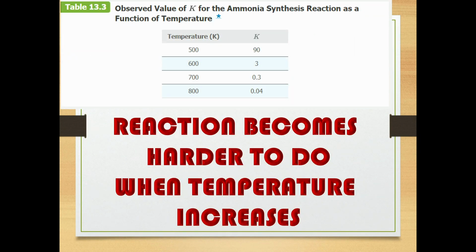Making ammonia is endothermic. It does require heat to do. As I increase the temperature, my K goes down. My K going down makes the reaction easier to occur.